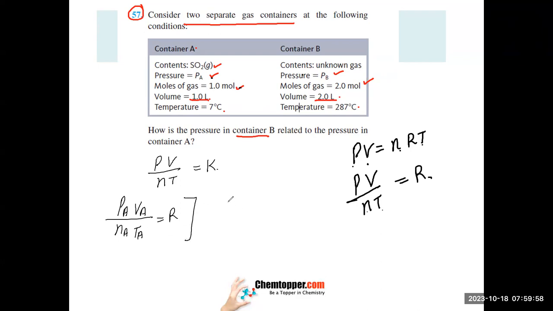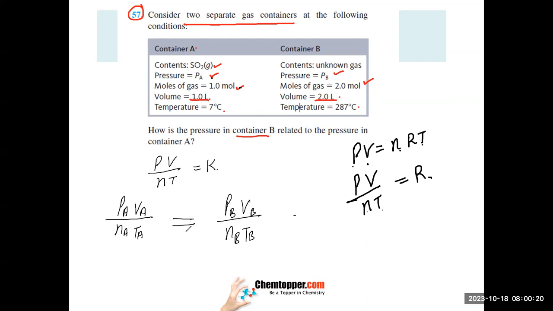So PB, VB over NB, TB is also R. So don't you think that they are equal to each other? They are equal to each other.